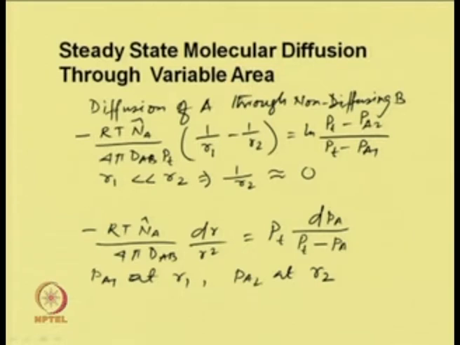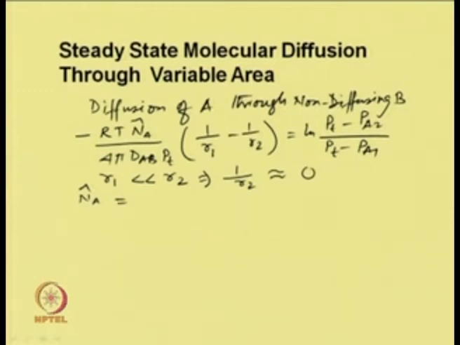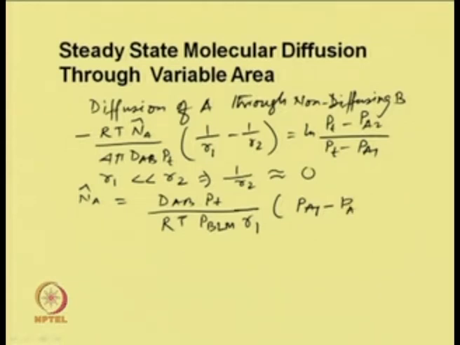So, if we substitute this, then N A cap is equal to D A B P T by R T P B L M into R 1 into P A 1 minus P A 2, this divided by 4 pi R 1 square.